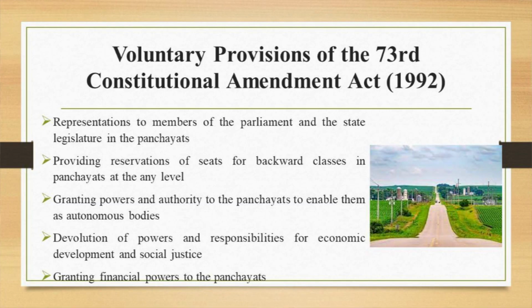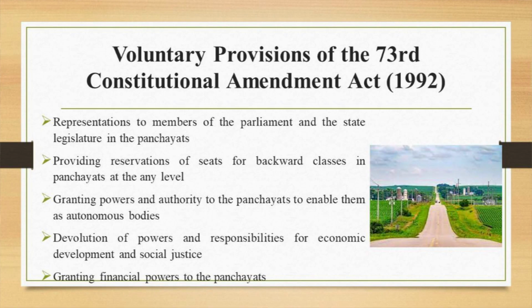All these happen to be very important compulsory provisions of the 73rd Amendment Act, which is relevant to Panchayati Raj institutions. Now, let us look at the voluntary provisions of the 73rd Constitutional Amendment Act 1992, which include giving representation to the members of Parliament and the state legislature in Panchayats at different levels falling within their constituencies, providing reservation of seats for backward classes in Panchayats at any level, granting powers and authority to Panchayats to enable them to function as autonomous bodies, and devolution of powers and responsibilities upon Panchayats to prepare plans for economic development and social justice.